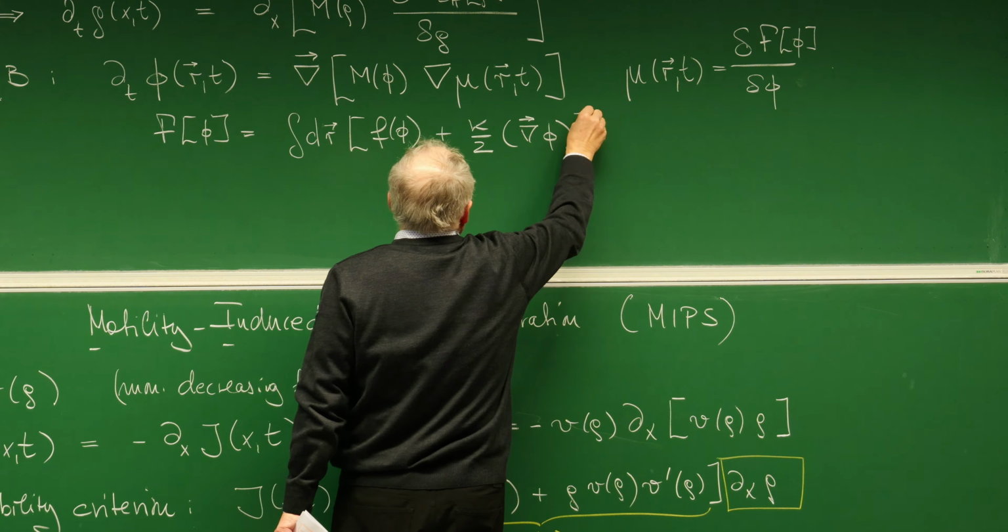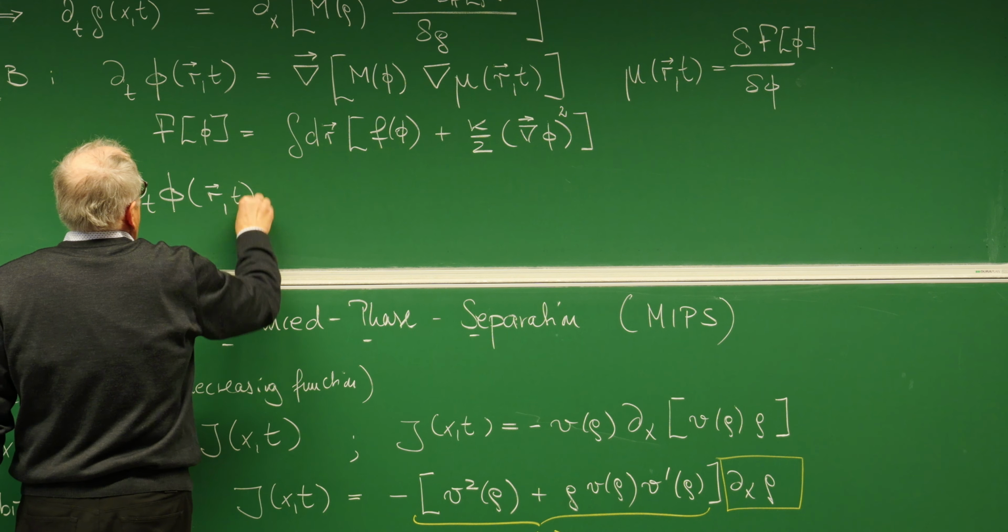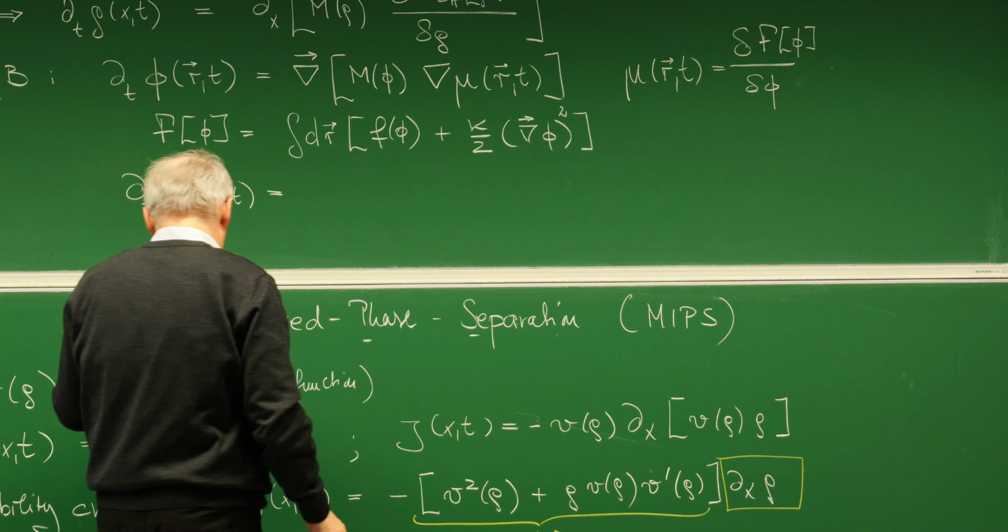And that has to have a square. Right, that's our model B. And from that, you then get dt phi of r and t as I do the math.